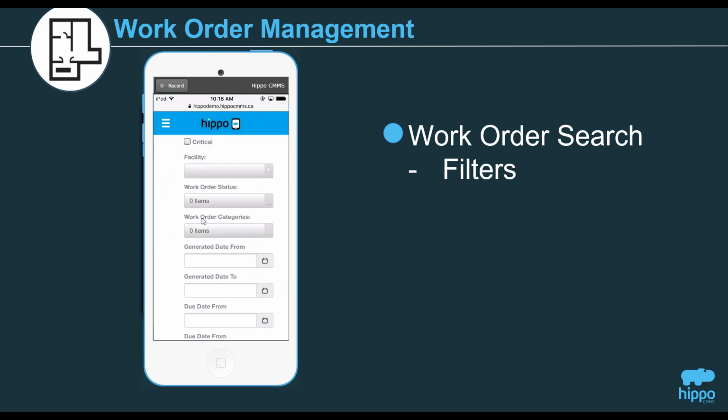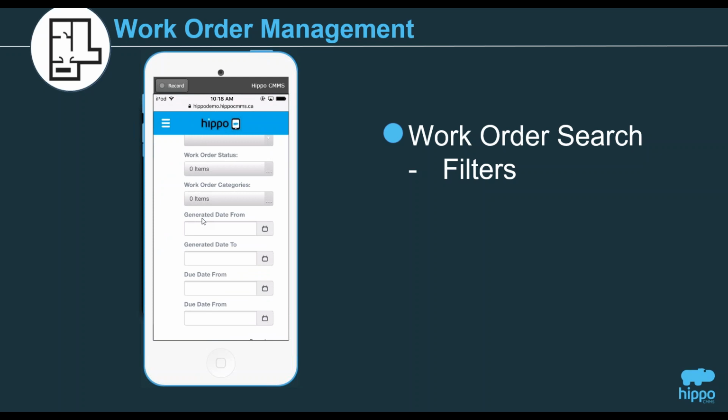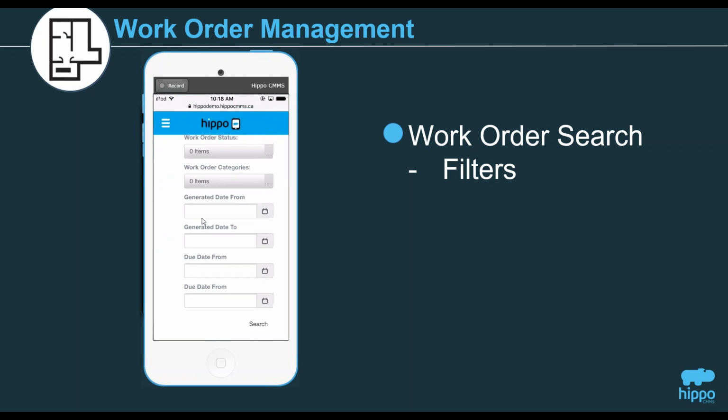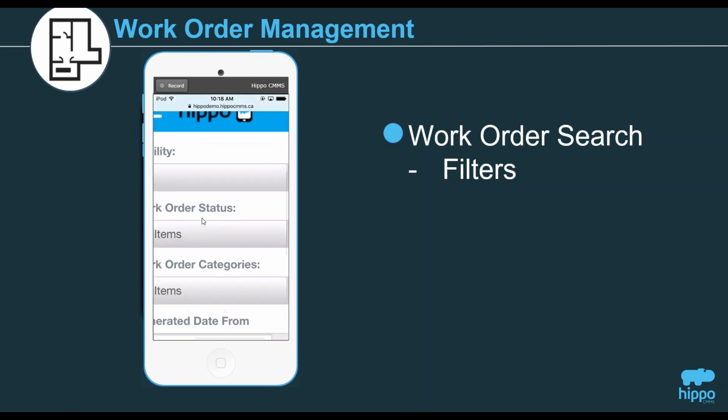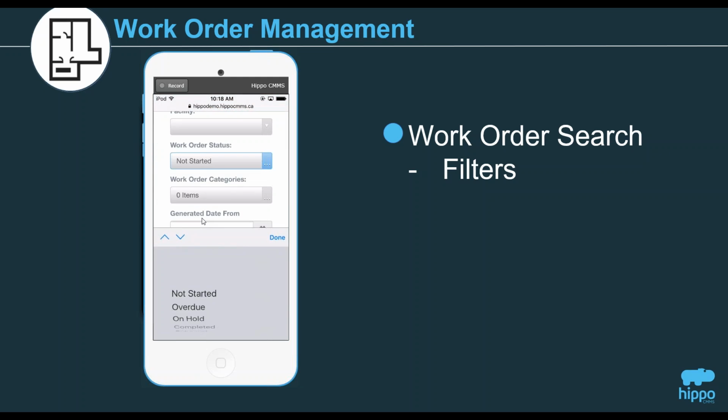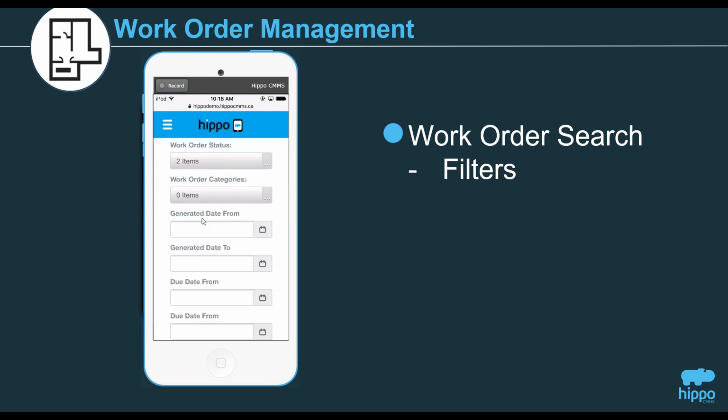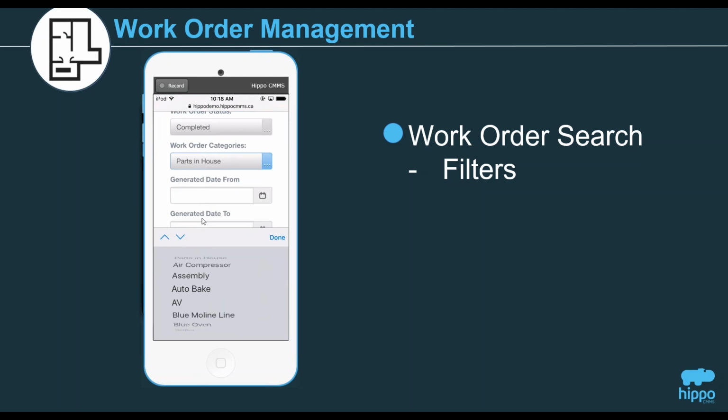I can search by work category, when it was generated, when the due date was. So I know that I want to look for work orders that are completed. And I want to look for work order categories. We put this under IT.